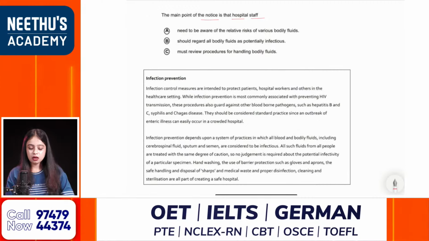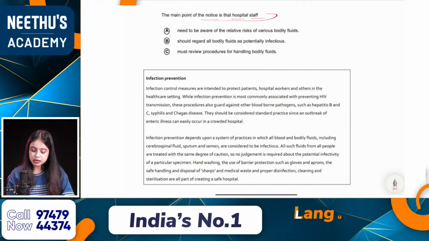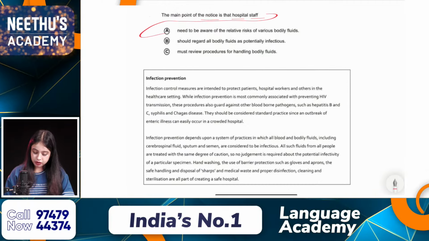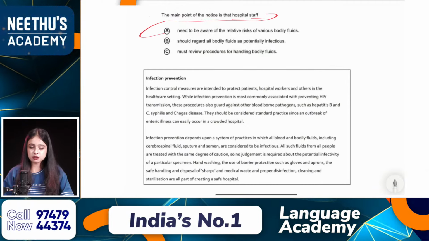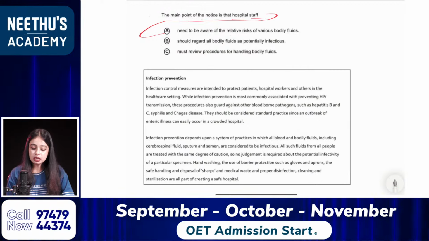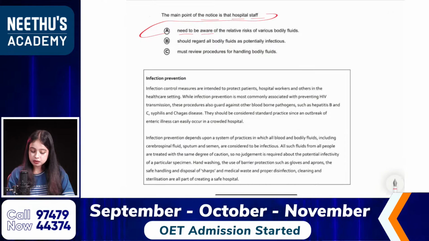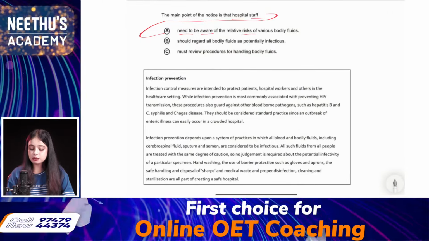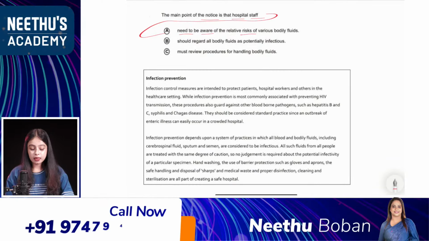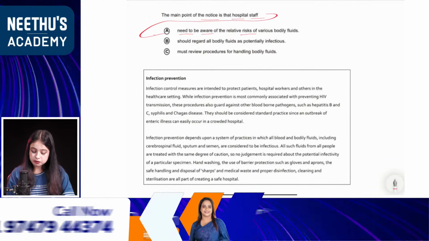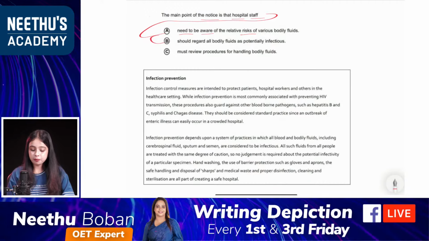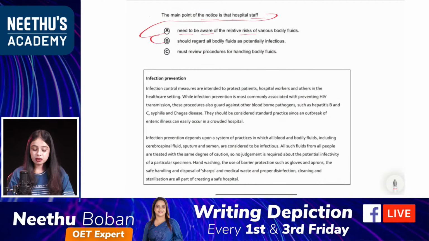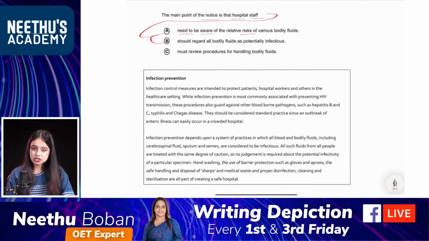Option A: the notice is that hospital staff need to be aware of the relative risk of various bodily fluids. My keywords are aware, then risk. Option B: hospital staff should regard, which means should consider, all bodily fluids as potentially infectious.